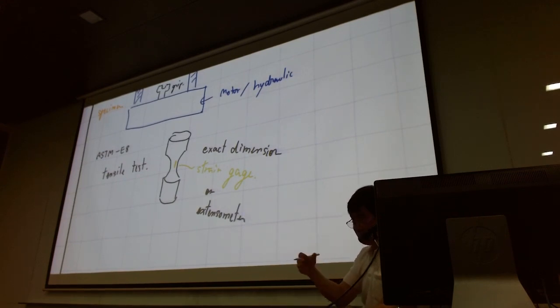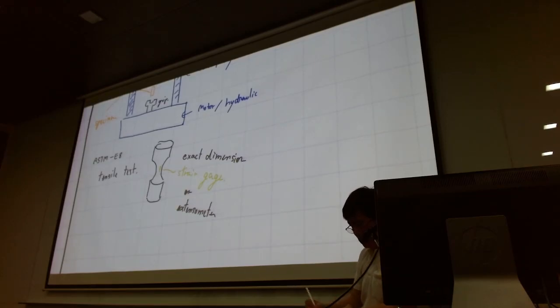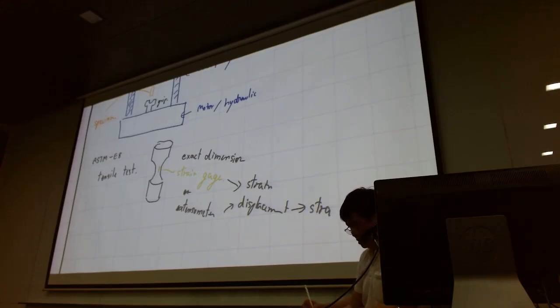You can Google all of this and see the actual picture. But when you attach them, the extensometer would measure the displacement. This would measure the strains, but then the displacement would be translated to the strains.